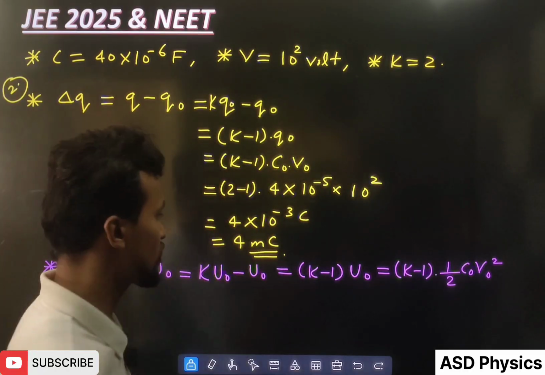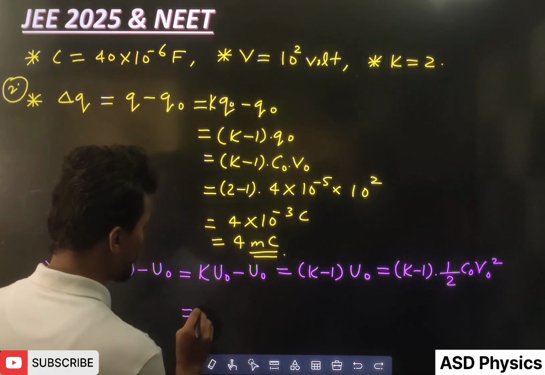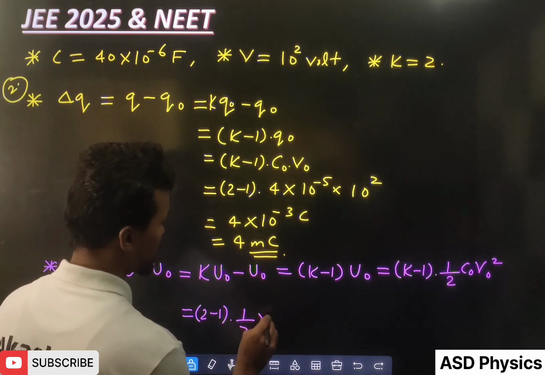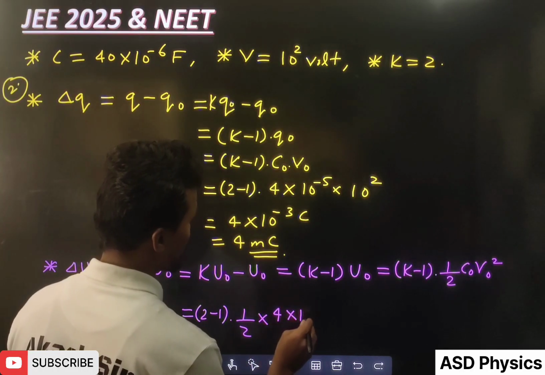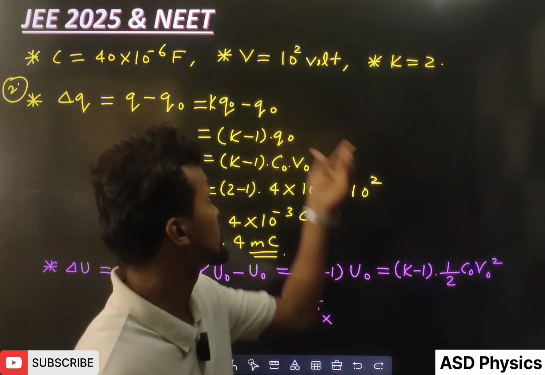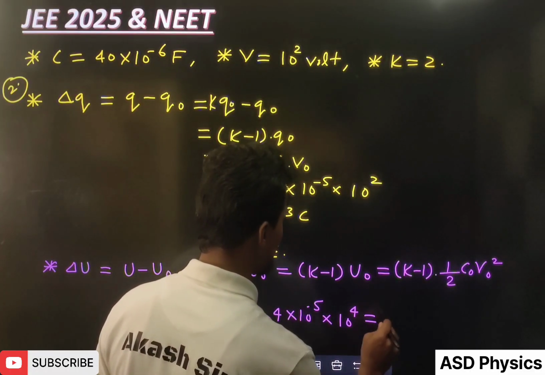So K is 2, we write 2 minus 1 into half, and C naught is 4 into 10 to the power minus 5, and V naught square is 10 to the power 4.